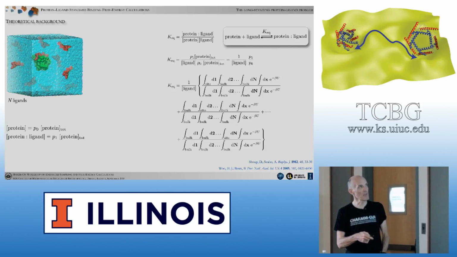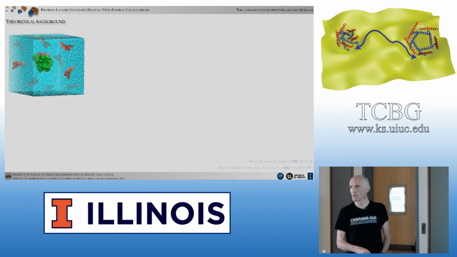Ligand 1 would be at the binding site, whereas the other ligands, the N-1 ligands, will be in the bulk. And of course, that's normalized with all the ligands in the bulk. That's the first term. In the second term, it's ligand 2 that is bound to the protein, and the rest of the ligands are in the solution, and so on and so forth. But of course, my ligands are indiscernible, so I can factorize that.